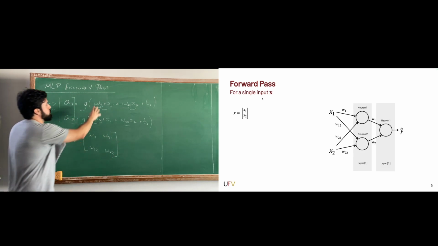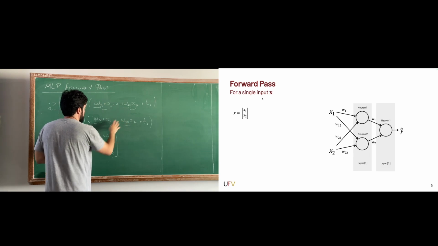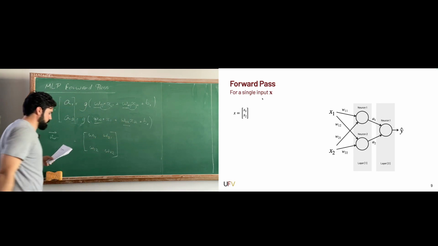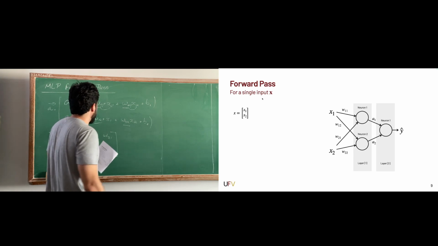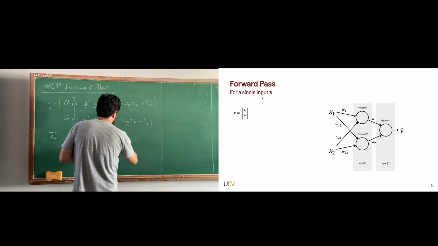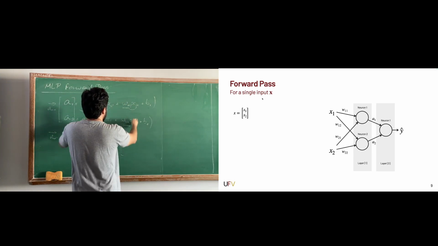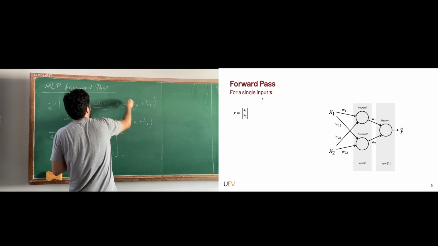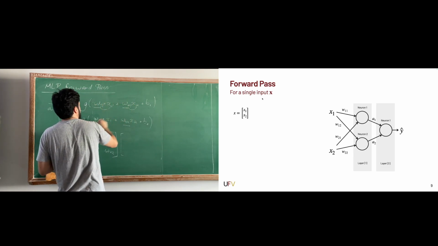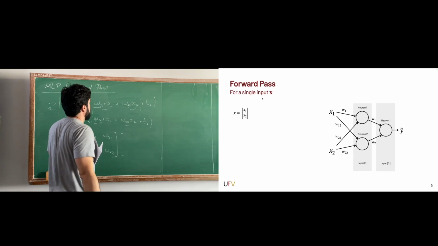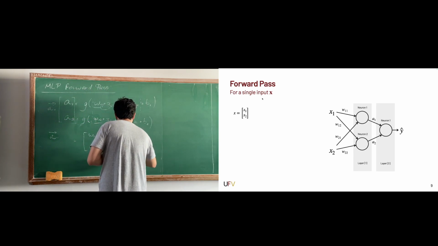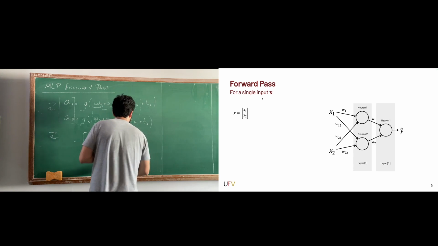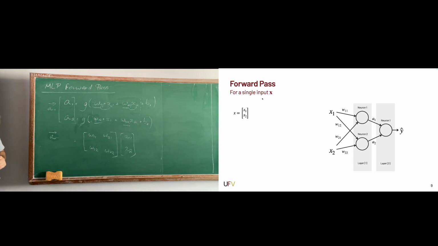Okay, so I just took these 4 weights out and put them here. And I did that because I can represent the same operation by this matrix vector multiplication. Right?